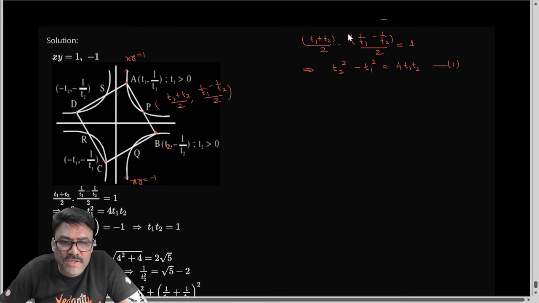Now just by symmetry I can say that, let's say the square is ABCD. So the center of the square will be at the origin only. The origin is the center of the hyperbola. If I join this vertex, OA and OB.